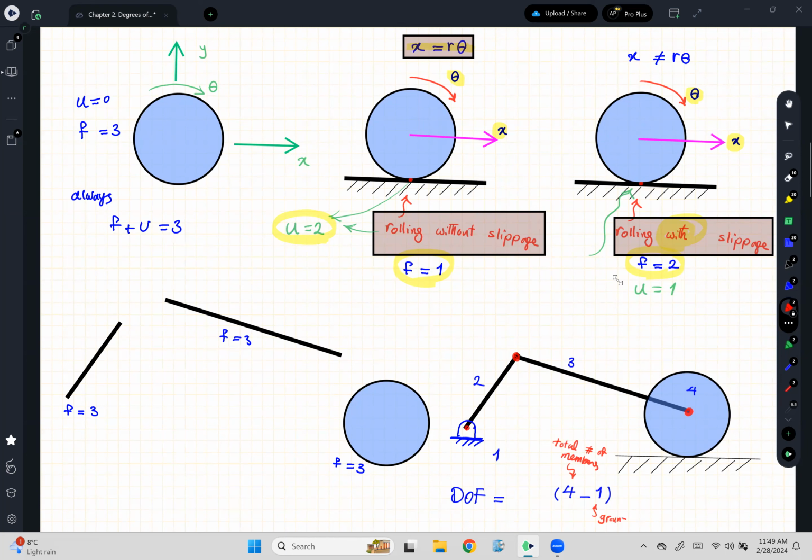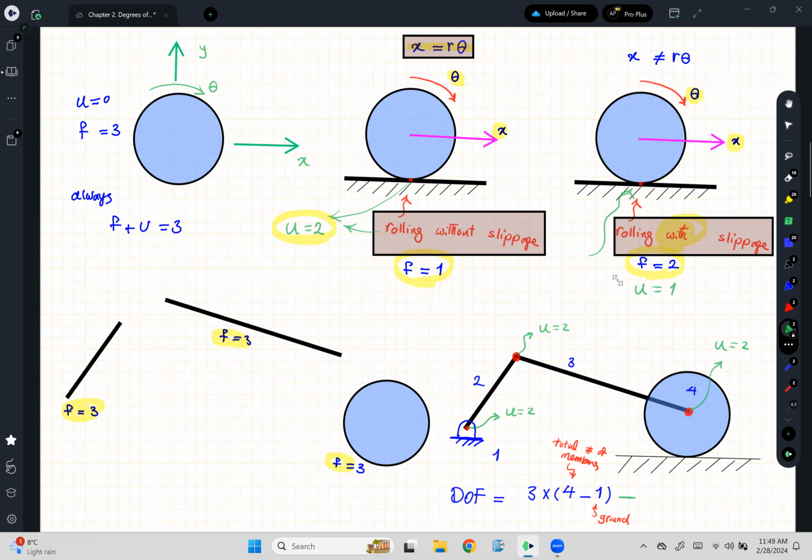We always have one ground. And we say each member by itself used to have 3 degrees of freedom. So now I have to multiply it by 3. But we have constraints, minus 1 constraint for this joint, 1 for this joint, another constraint for this joint.